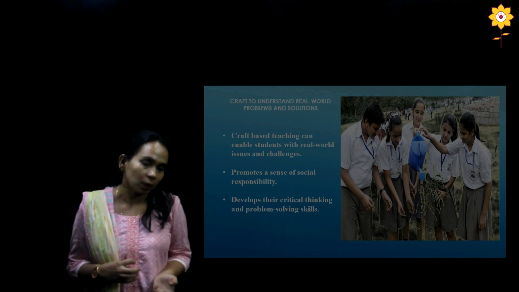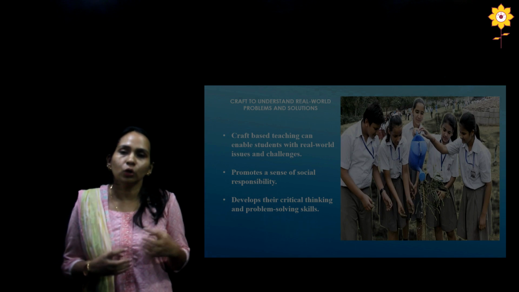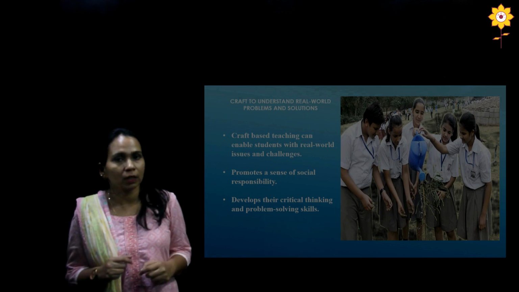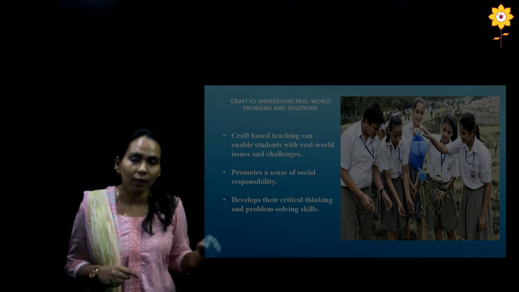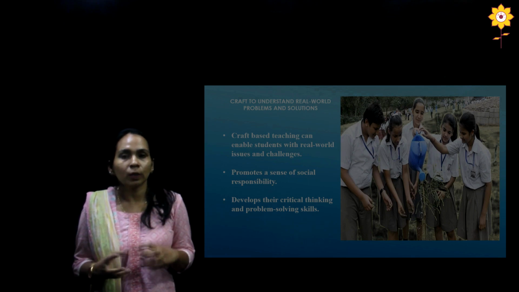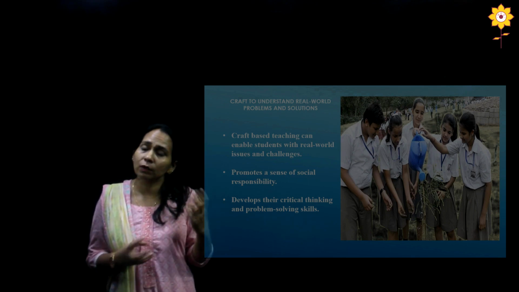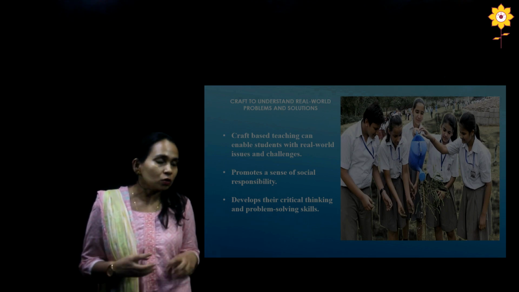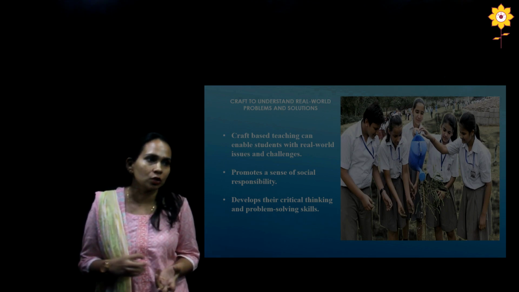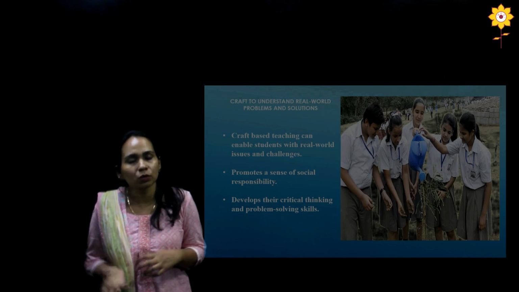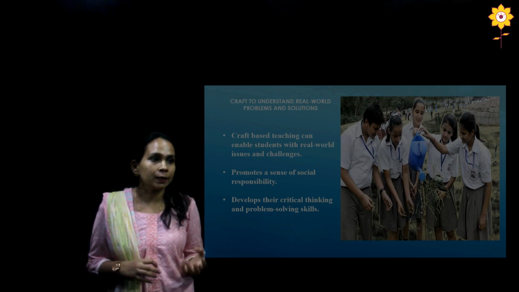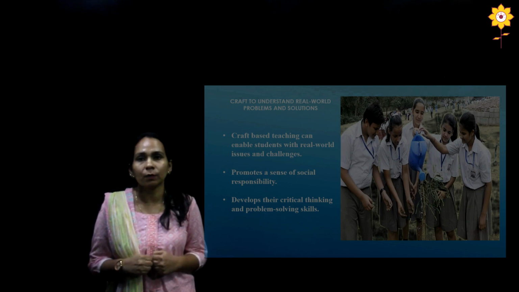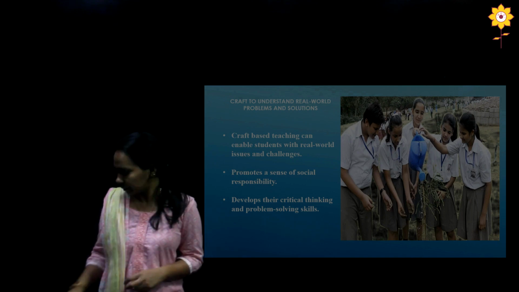The students will think about doing the project or activity in an environment-friendly manner, rather than doing it without taking the environment into consideration. So when they are given real-life situations, they are better aware of their social responsibility, and it also develops their critical thinking and problem solving ability.